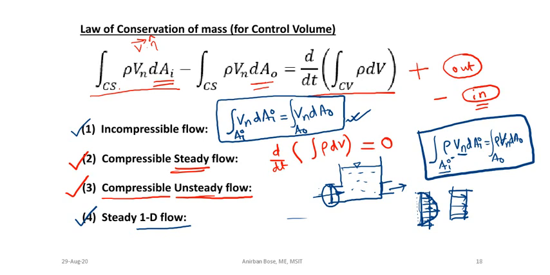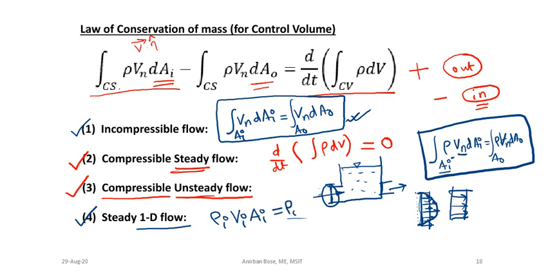Suppose rho I is the density, uniform over the whole inlet area AI, Vi is the normal velocity of the cross section across the whole inlet, and the integral of dAi is basically the total area AI. And that is equal to what?